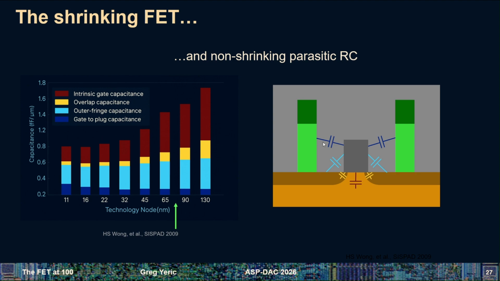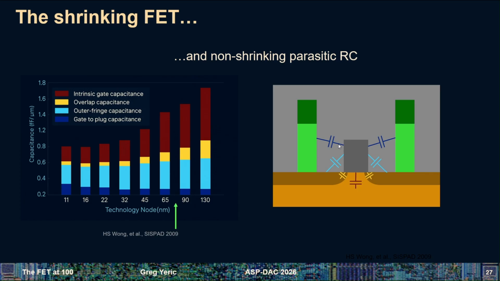And of course, we're shrinking that dimension. Now, you can ameliorate this a bit by this gray space going to a lower K. So you want higher K where you're actually intending to create a field to switch it. You want lower K in the back end of line between the metals and what have you. So that is one way to make progress.